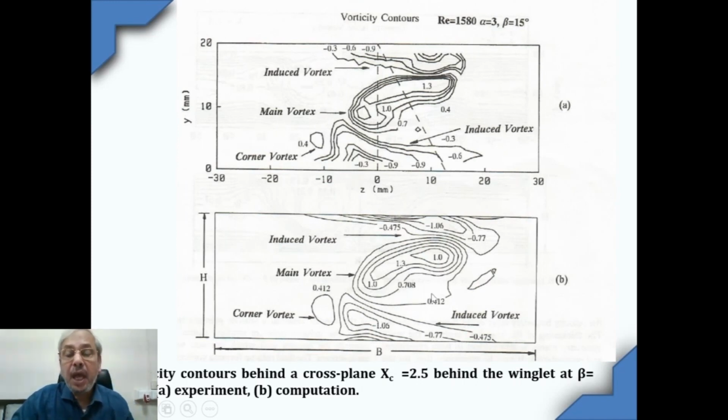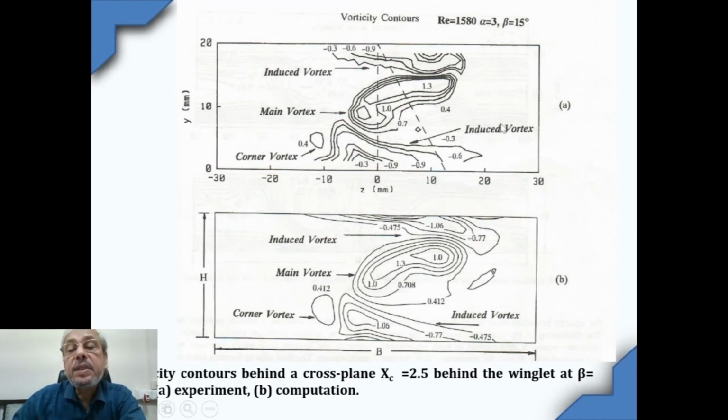And this is the experimentally determined field. A hot wire anemometer was used, and on a cross plane about 2000 points were taken to determine u, v and w velocity using the hot wire anemometer.